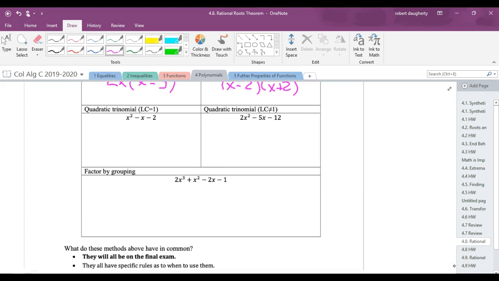So x squared minus x minus 2. In this case, I need two numbers that do what? Yeah, multiply to negative 2, add to negative 1. What numbers will do that? Yeah, negative 2 and positive 1. What do I do with these numbers?